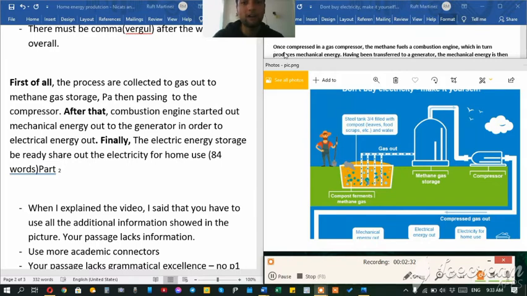I'm saying once compressed in a gas compressor. Once means when compressed, or once compressed in a compressor, short. You can see the gas coming again. You see the arrow, follow the arrow all the time. Okay, I'm going to the second stage here. What is my second stage here? One second.